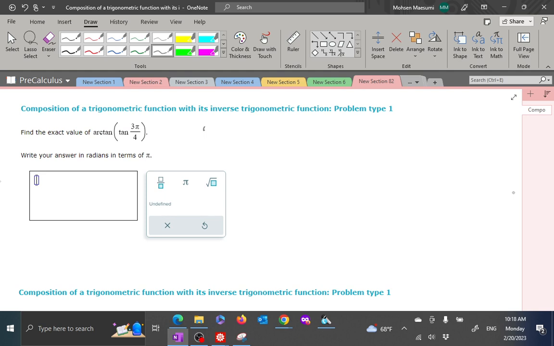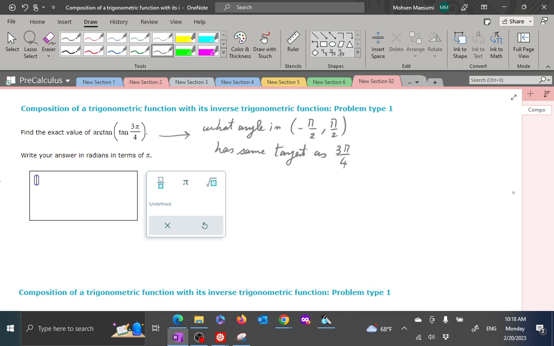the question is what angle, let's write it, from minus pi over 2 to pi over 2 has the same tangent as 3 pi over 4.